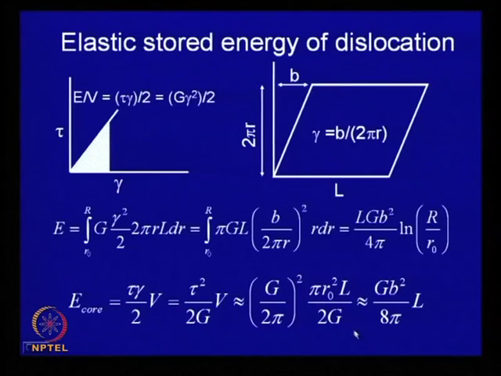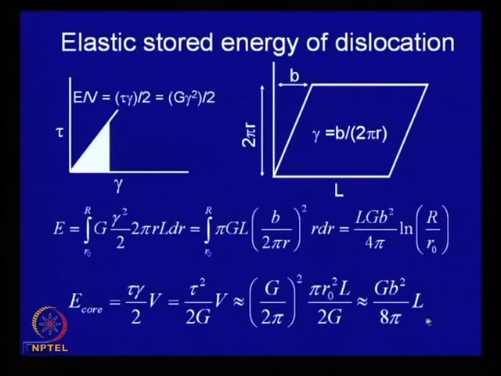And now, let us try to find out the energy which is stored at the core of the dislocation. Here we can go to the previous logic, that the stored energy is tau gamma over 2 times volume. You calculate this, I think you change it to shear stress, and then we can assume that the shear stress in the core is equal to the shear strength of an ideal crystal.